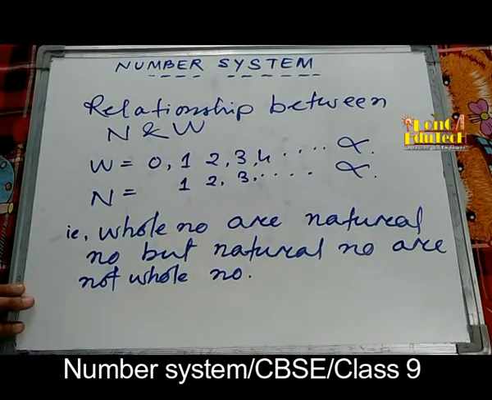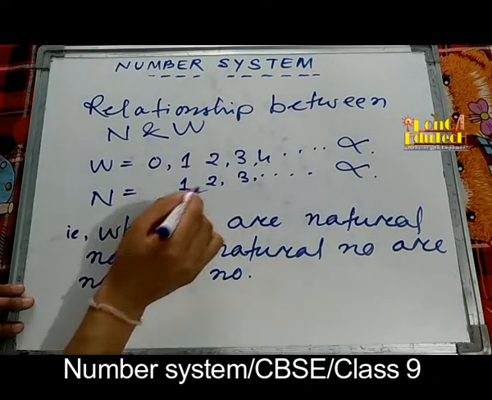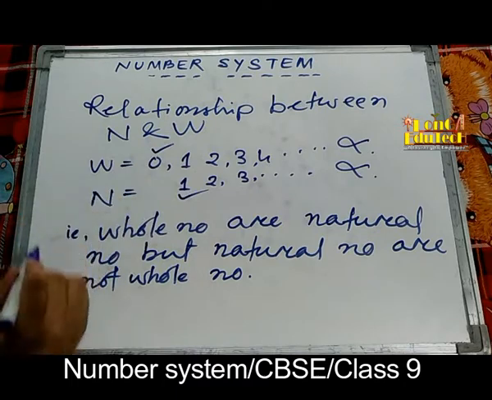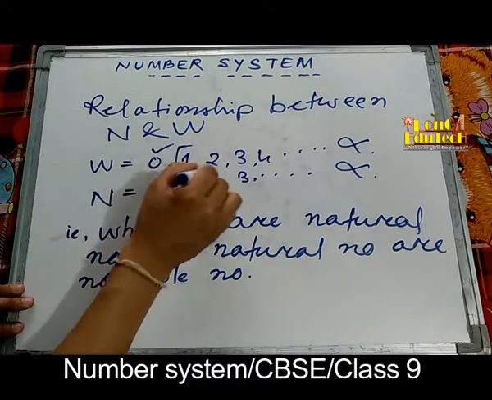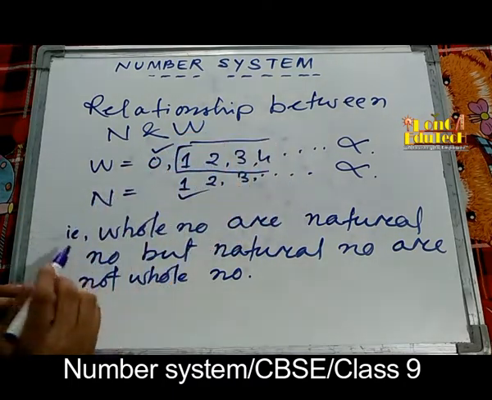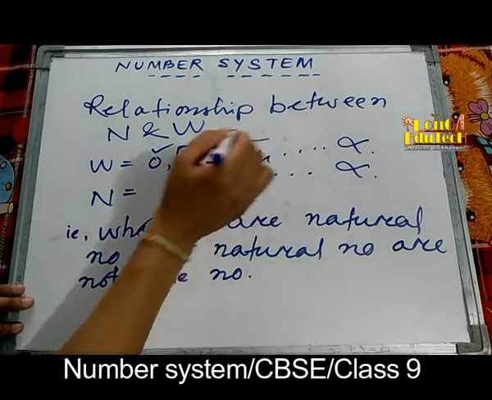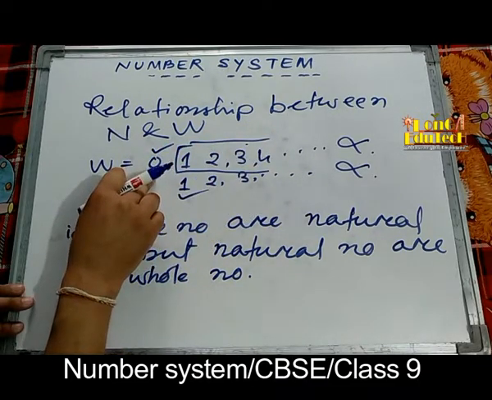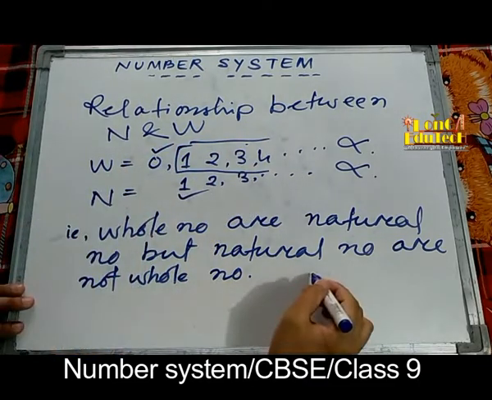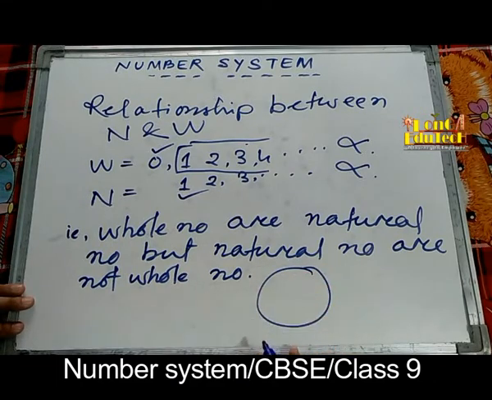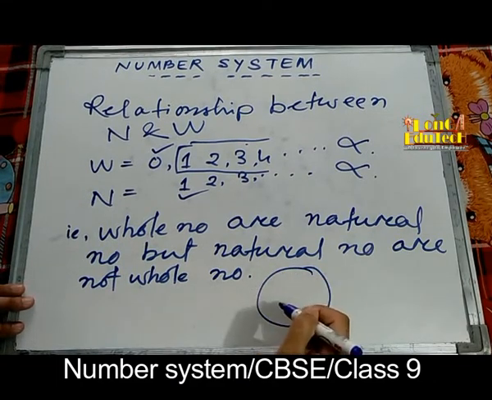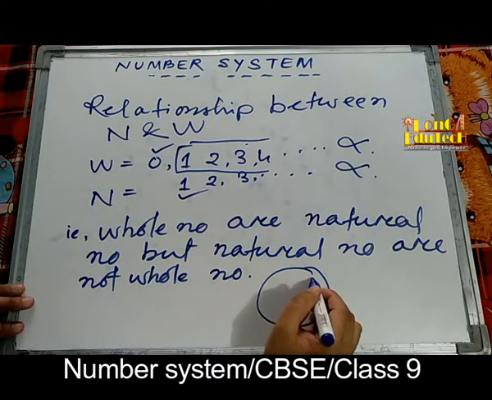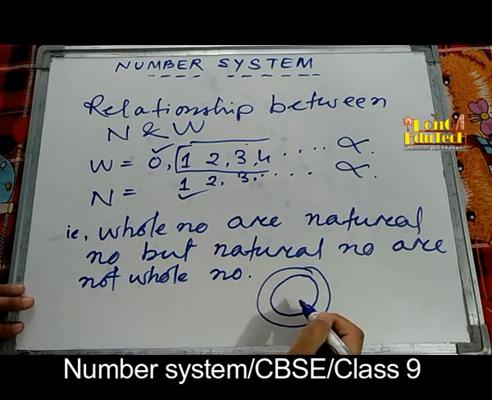Why? Because here natural numbers start from 1, whole numbers start from 0. Including all these things, they are natural numbers, but 0 is not included. So this is the whole number set, total is whole number, but natural numbers are this part.